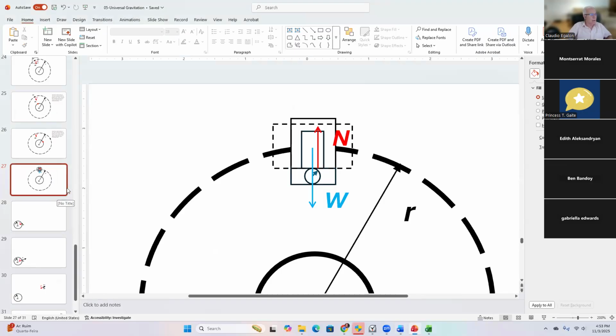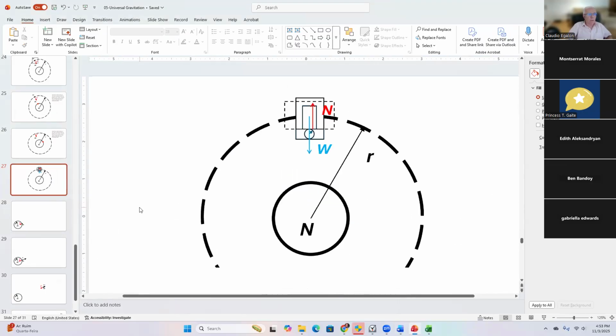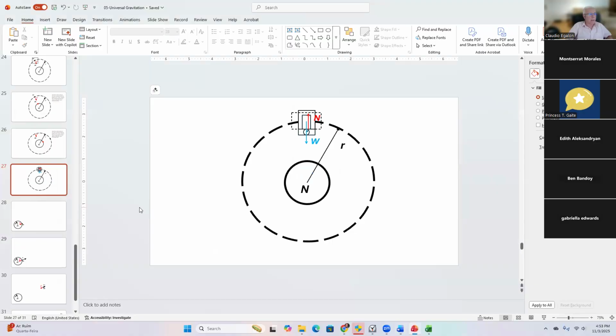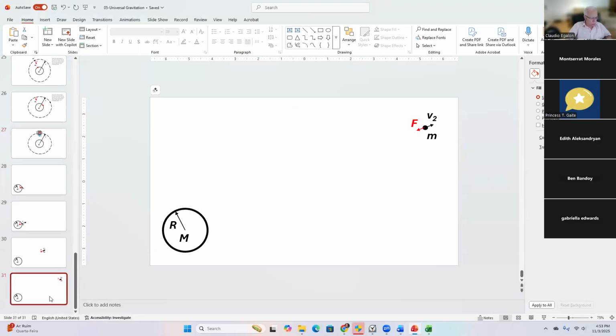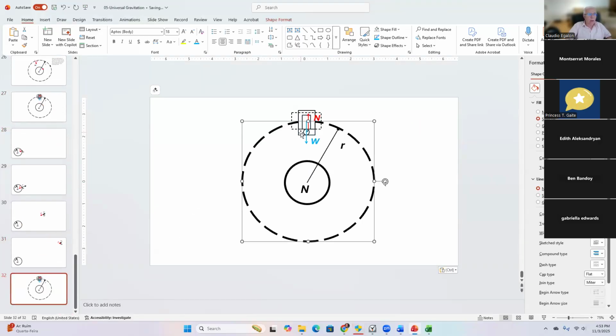Okay, and I'm going to illustrate that here. So now you're going to see the difference between something orbiting the Earth and something attached to the Earth, which is not necessarily orbiting the Earth. There's an important difference between these two situations, okay? So here you go. Let me do that here.